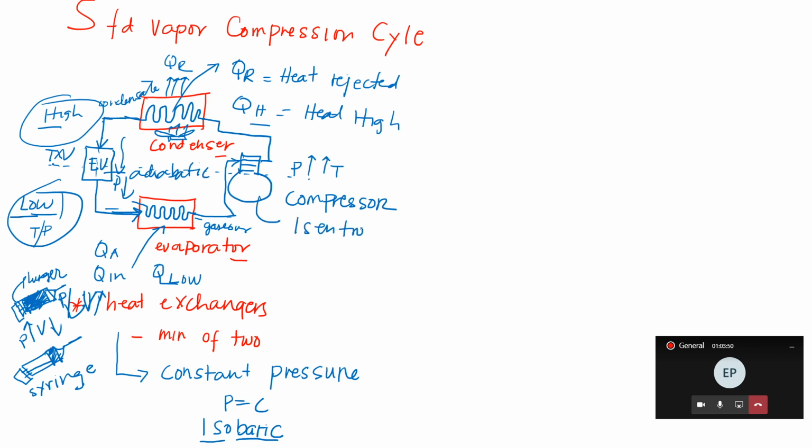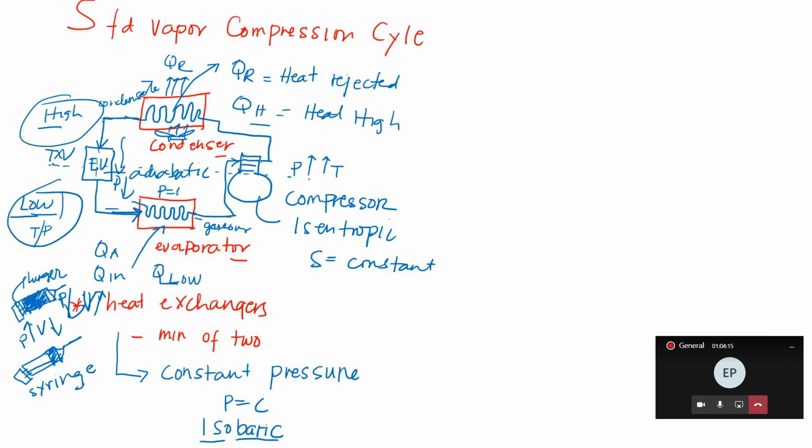Isentropic. Isentropic work, no? Meaning entropy, S, is constant. Isentropic work of compression ideally is isentropic. And what thermodynamic properties do we have in this evaporator and condenser? What is constant here is pressure.